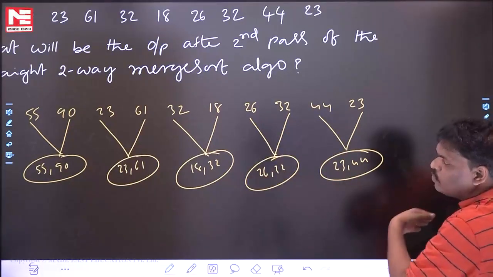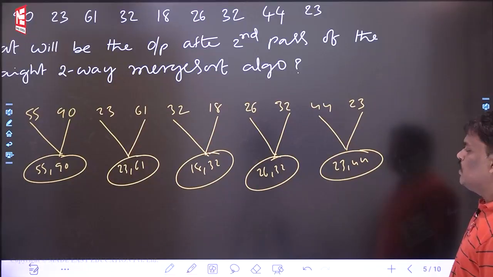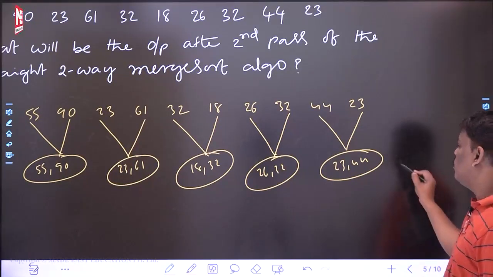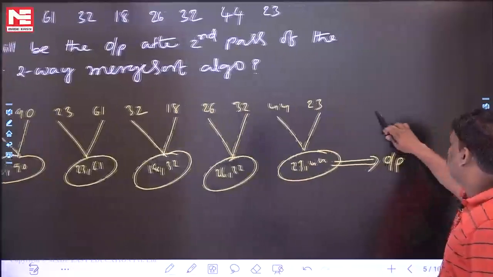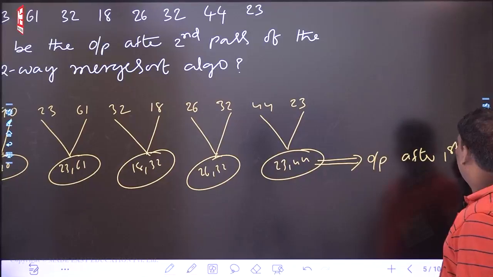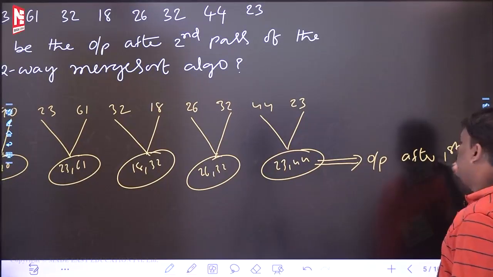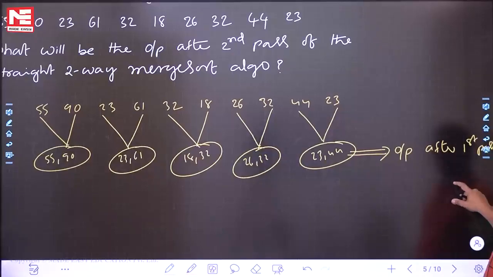Read all of them from left to right: 55, 90, 23, 61, 18, 32, 26, 32, 23, 44. This is the output after the first pass of the straight two-way merge sort algorithm.